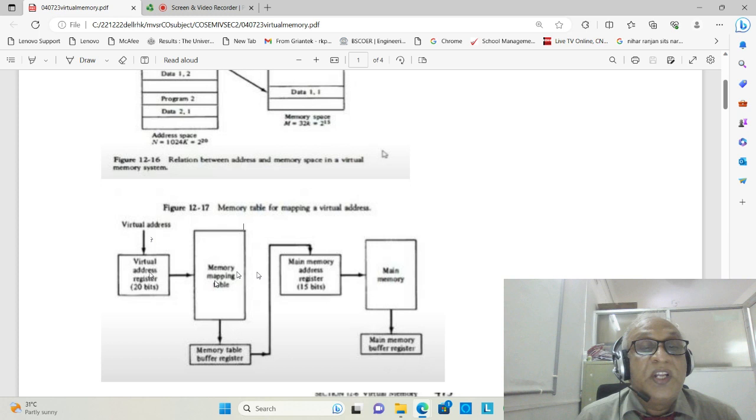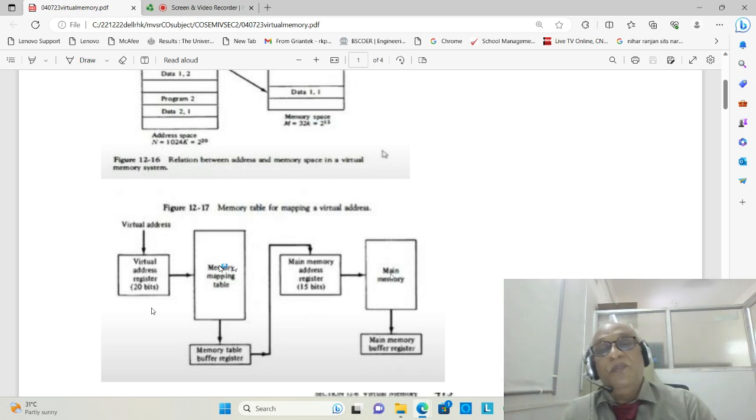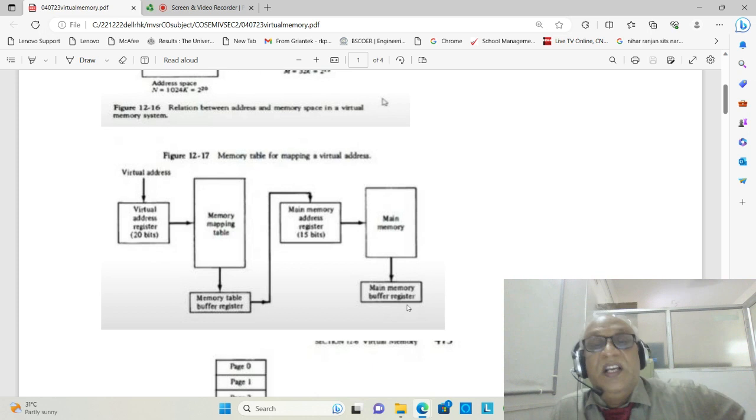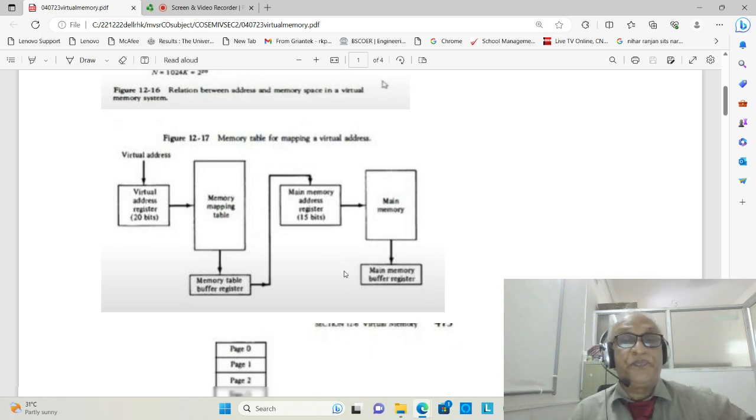Here in the Morris Mano textbook, it is called the memory mapping table. You can see there is a virtual address register, and this memory mapping table, with the help of the memory table buffer register, generates the physical addresses, and the main memory uses those physical addresses along with the main memory buffer register.